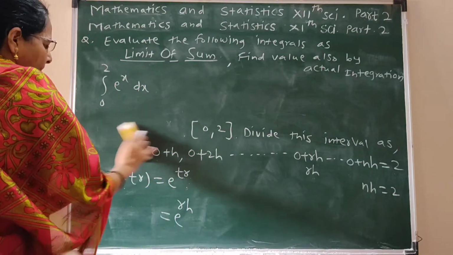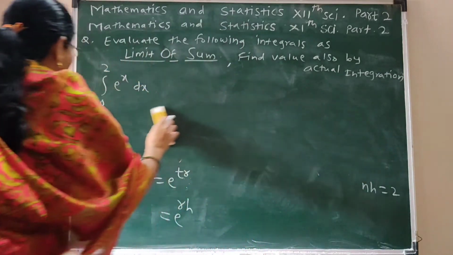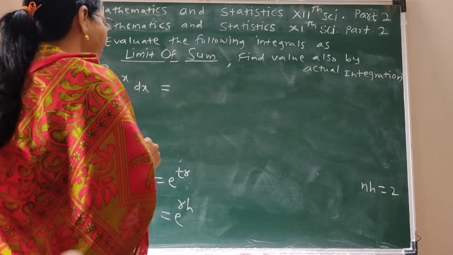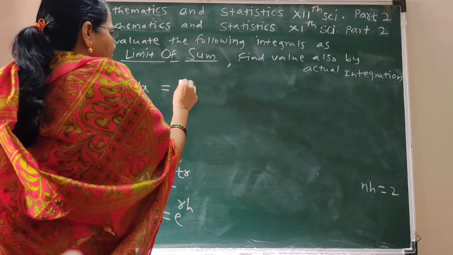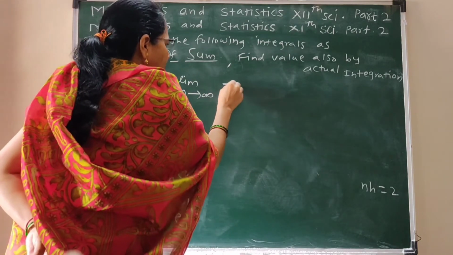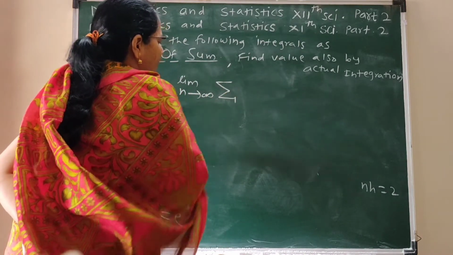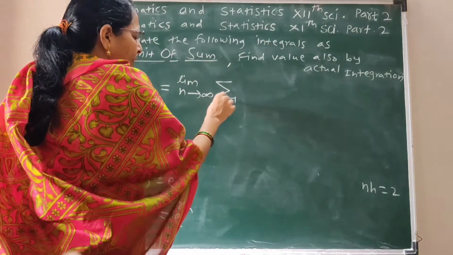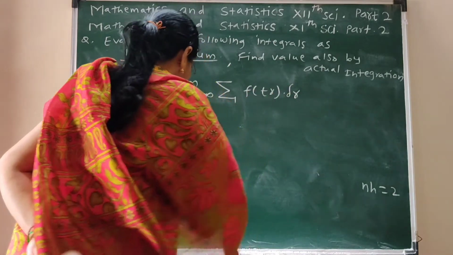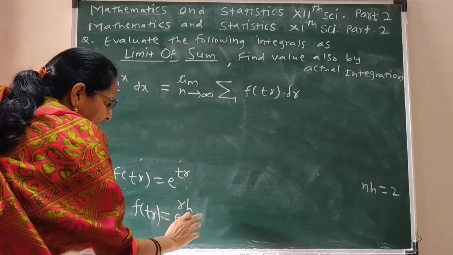Now the next step: this integration we have to calculate or find by limit of sum. So take the limit as n tends to infinity of the summation sign, f(tr) delta r. Here f(tr) is e raised to rh.